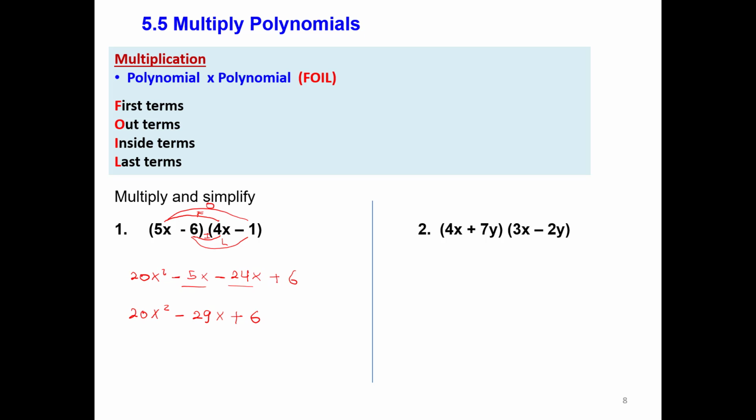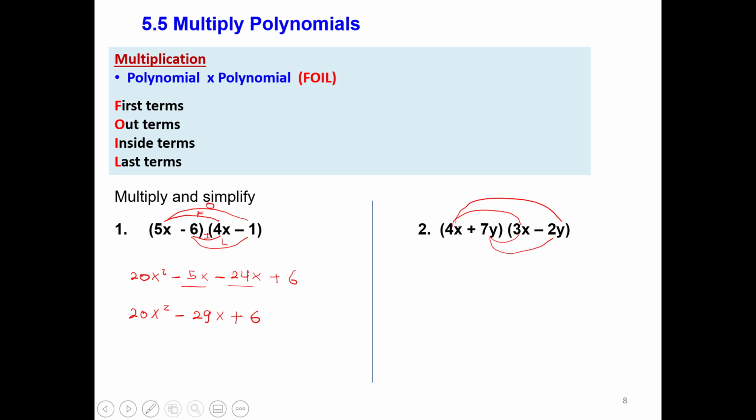Here we have 2 variables. We have one polynomial, we have another polynomial, but just with 2 variables. But the procedure is the same. If you have more variables, the procedure to multiply these 2 polynomials is the same. And we will distribute this 4. The first, the outside terms, the inside terms, the last terms.